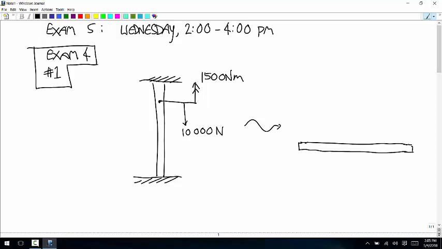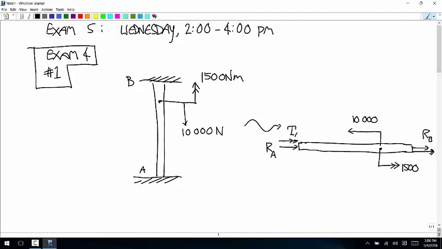So if I do a free body diagram, I'll call this A and this B. We know that we have 2 horizontal point forces at the ends. I'll call that RA and RB. We have the torque going this way of 1500, and the horizontal force of 10,000 going this way. And then we have the 2 point torques at the end.